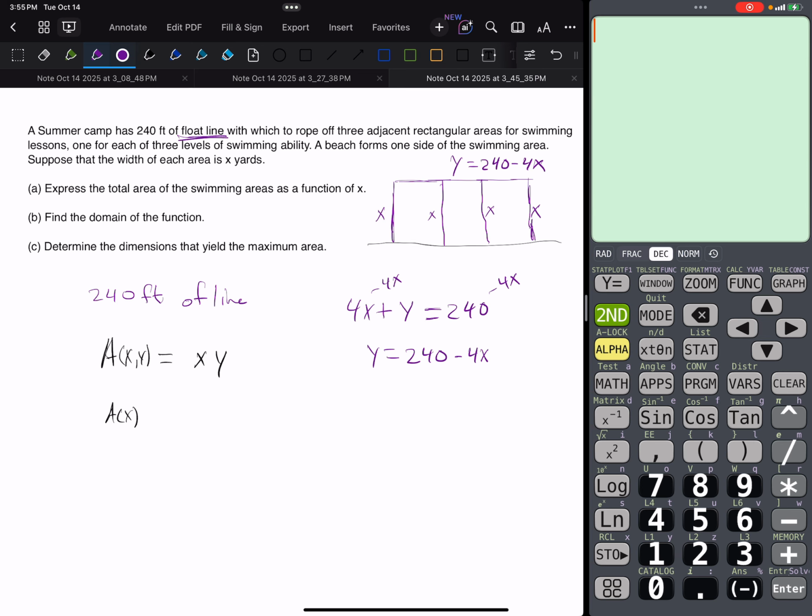Okay. And so now all I've got to do is replace that y with 240 minus 4x, and I'll have that my A of x is x times 240 minus 4 times x.